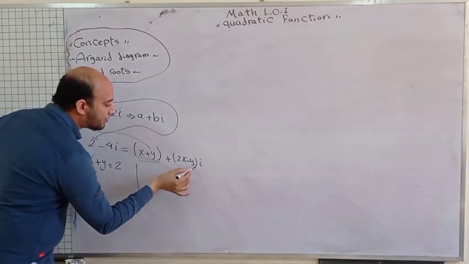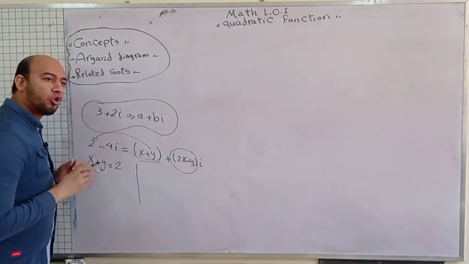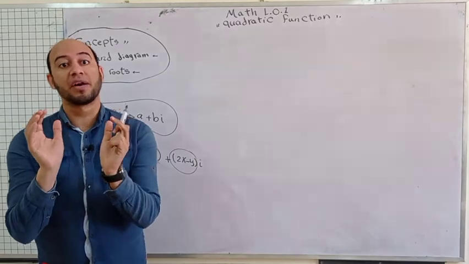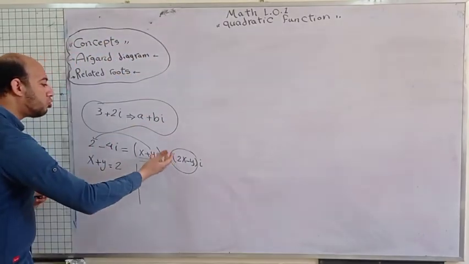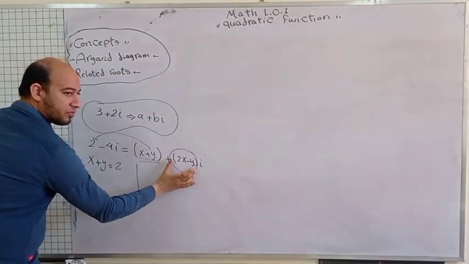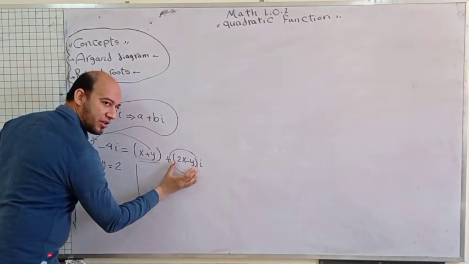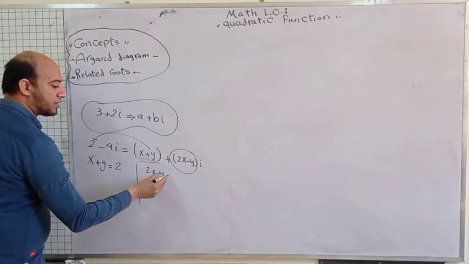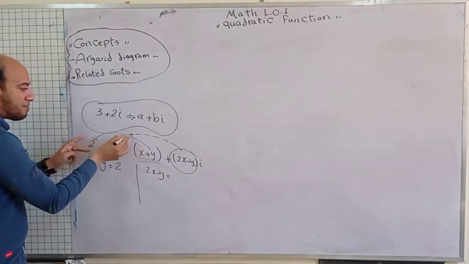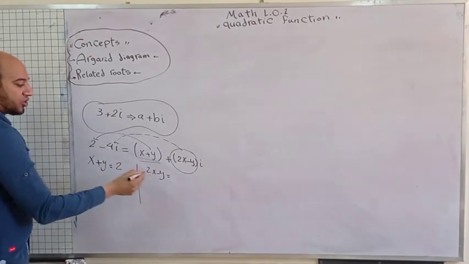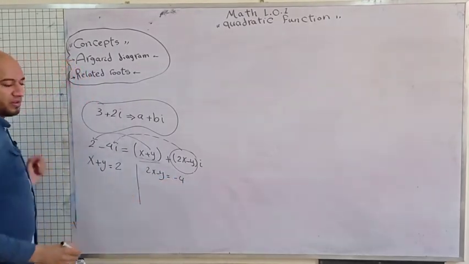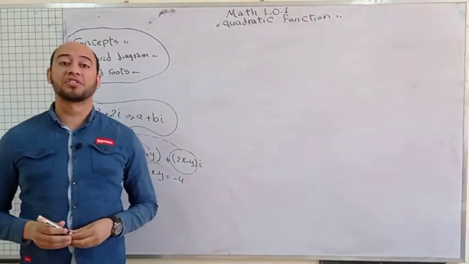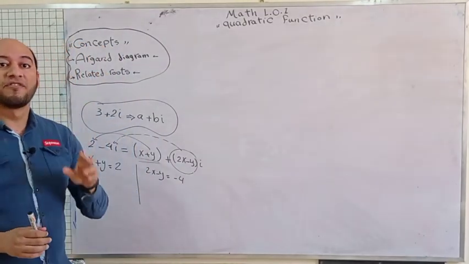The imaginary part here is the part which is multiplied by i. Then 2x minus y is the imaginary part because all this value is multiplied by i. Then 2x minus y will be equal to the imaginary part in the other side, which equals minus 4. And this also is an equation of the first degree, with 2 variables.